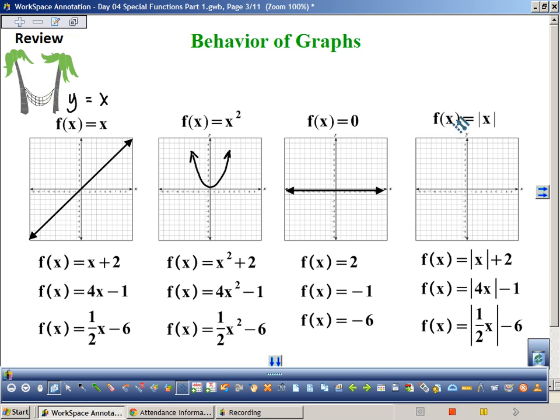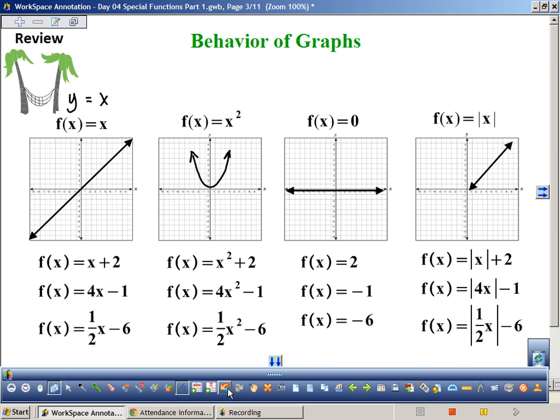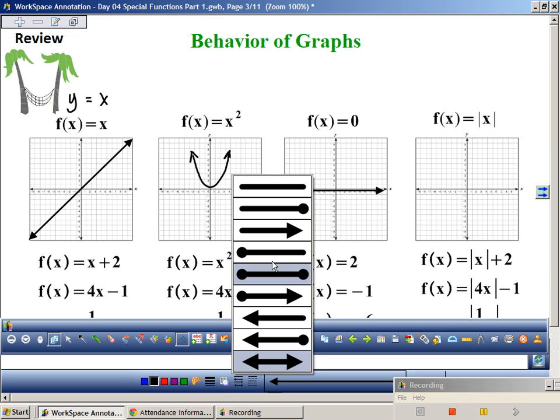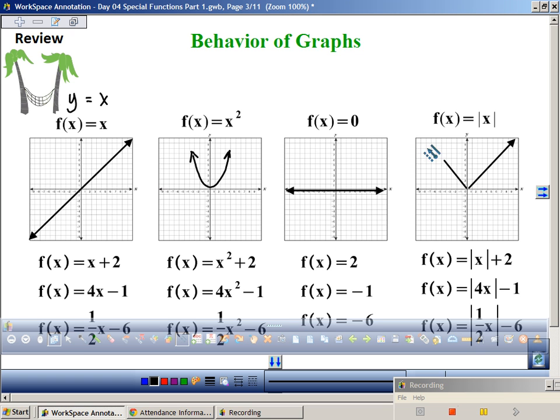And we already talked about this one. F of x equals the absolute value of x. Looks like a V, right? Looks like a V. Oops. Let me change that. So from my center out. I don't like that other one. That works better.